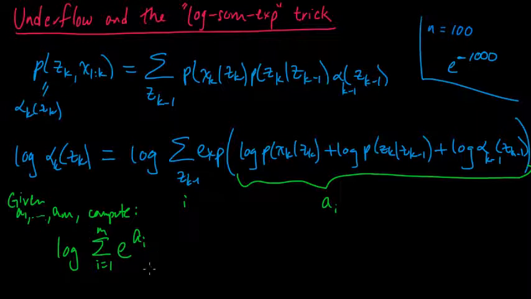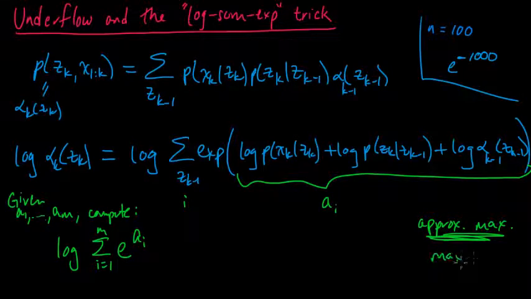Well, this operation on numbers actually approximates a max operation. This quantity is going to be roughly the max of a_i over the i's. In fact, sometimes people use this operation to approximate the max because you can differentiate it.